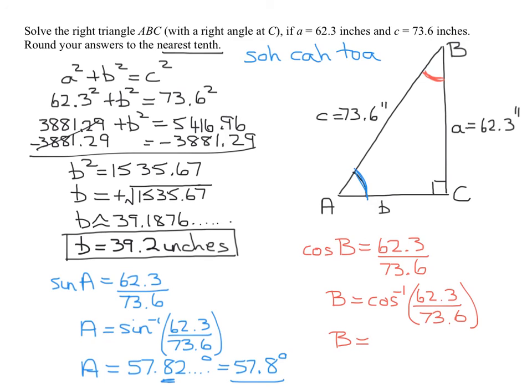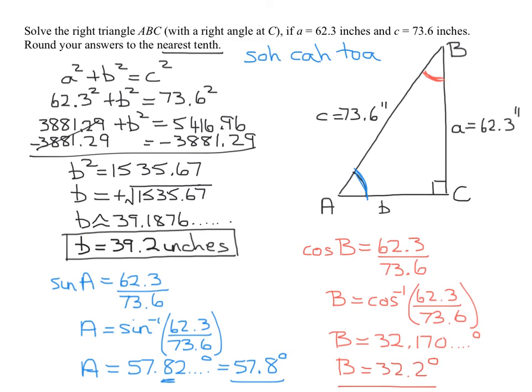And when I did that, I got 32.170... So rounding that to the nearest tenth, that's the 1. The 7's going to round the 1 up. So I'm going to get 32.2 degrees. So now I found all the missing parts of my triangle.